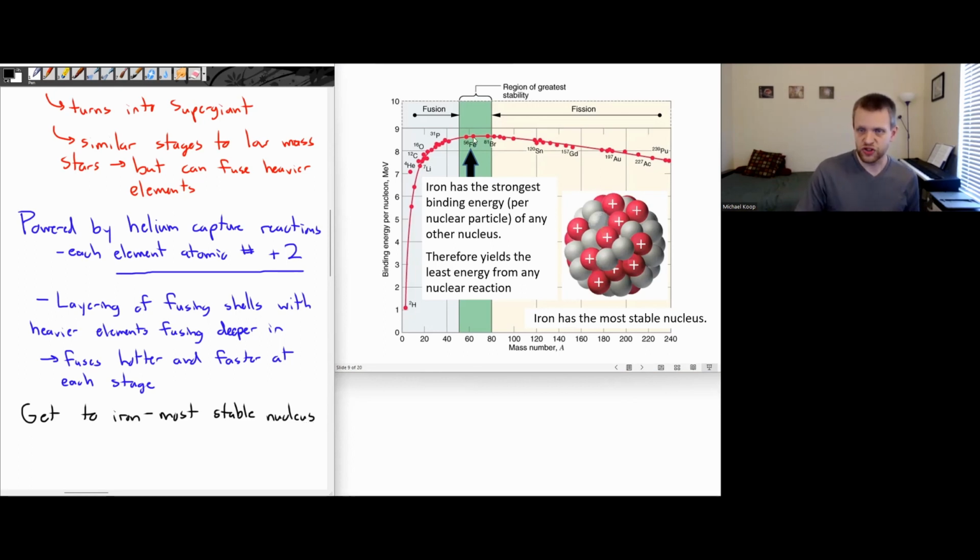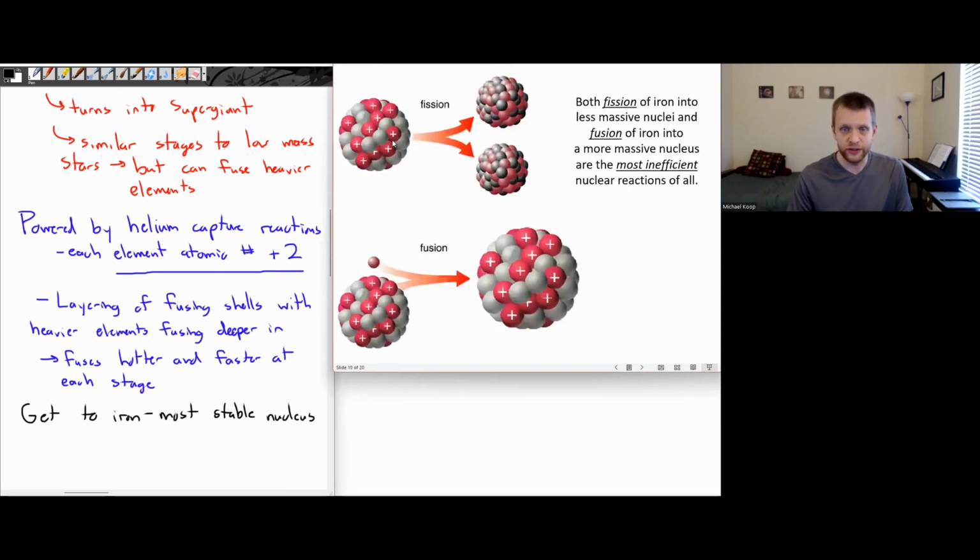So being the most stable atomic nucleus, when you're trying to go through fusion, is a real problem because this yields the least energy of any nuclear reaction. Iron does not want to go through nuclear reactions. If I try to break iron apart through fission, it doesn't give off energy. If I try to fuse something to that iron nucleus, it's going to be less stable. It's not going to give off energy.